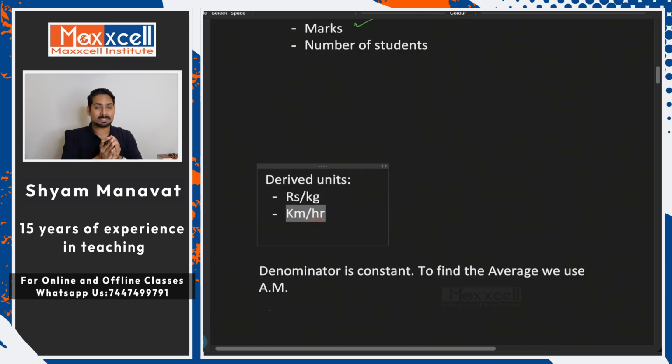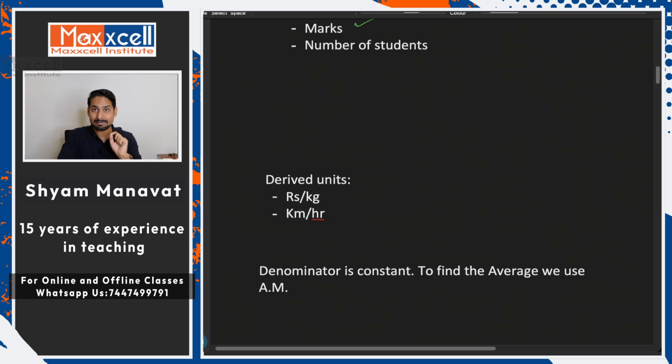By the way, what is the difference between fundamental units and derived units? People from a science background must have had this in 11th standard. Fundamental units are M, L, T, and derived units are derived from the fundamental units. That means in derived units you will have more than one term, two terms or more.